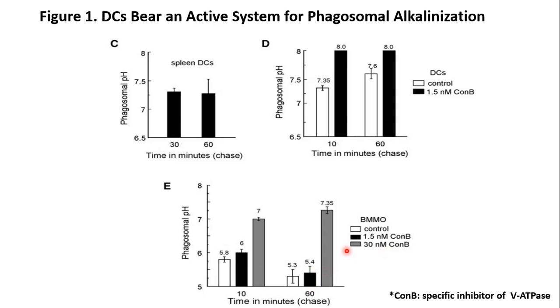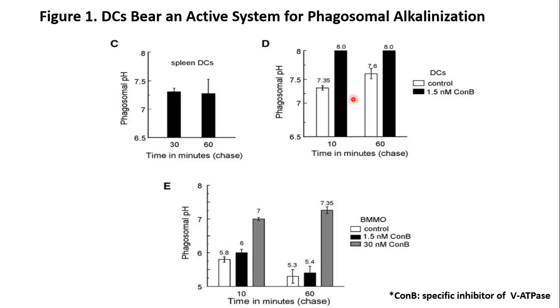They put a high concentration, but the pH is not as alkaline as in DCs. So, in conclusion, DCs, and not macrophages, have an active machinery of phagosome alkalinization, which maintains the phagosome pH between 7 and 7.5 in the first few hours after phagocytosis.